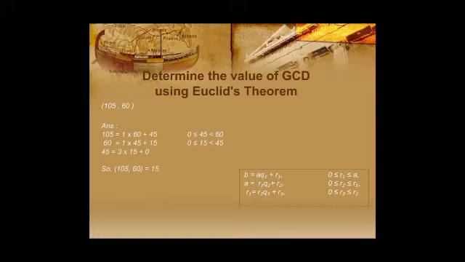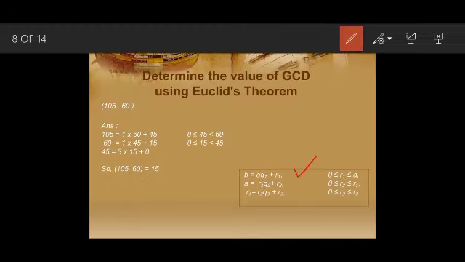First, we look for 105. Now, for this 105 we get the result that 1 times 60 plus 45 equals 105. Why 60? Because if we look at the previous equation, b equals a q1 plus r1, where b is 105 and a is 60.